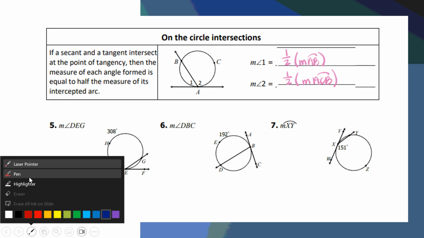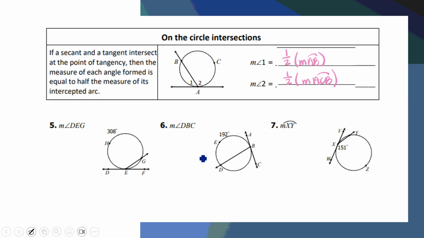So essentially what I'm also saying is that this whole expression is also equivalent to 2 times measure angle 1 is the measure of arc AB. So these are equivalent whichever way you want to think about it. So let's look at question 5.